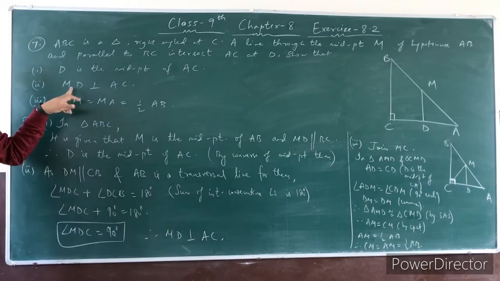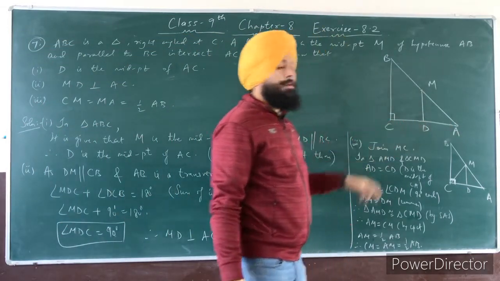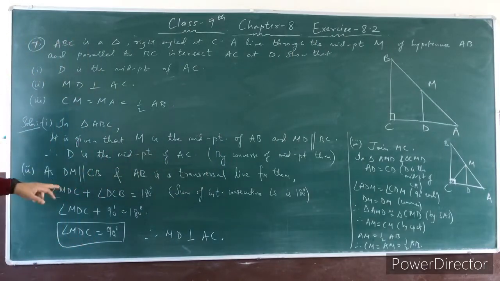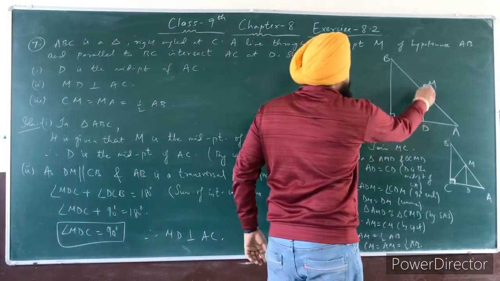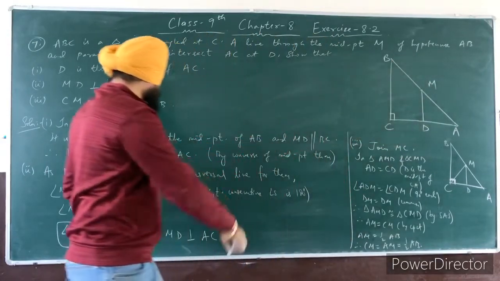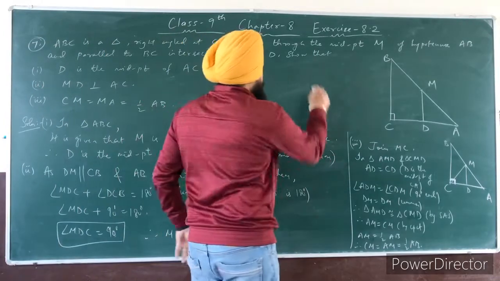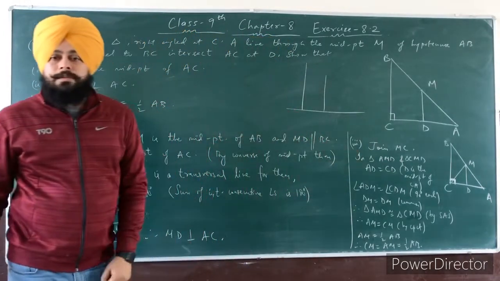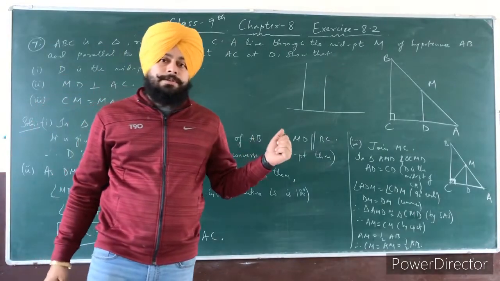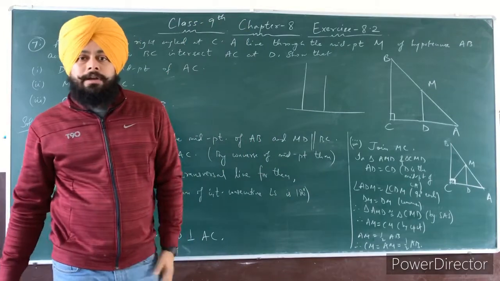Second part, we have to prove MD is perpendicular to AC. As DM is parallel to CB and AB is the transversal for them, we know that the sum of interior consecutive angles is always supplementary, 180 degrees.